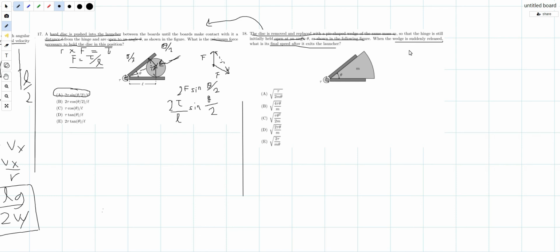Instead of caring about forces, as the last problem did, it's worried about speed. And it wants to know the speed when the wedge is released. So pretty much the two boards close in on it and it gets ejected out.